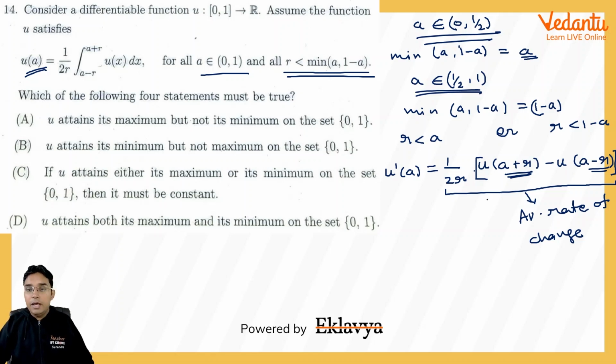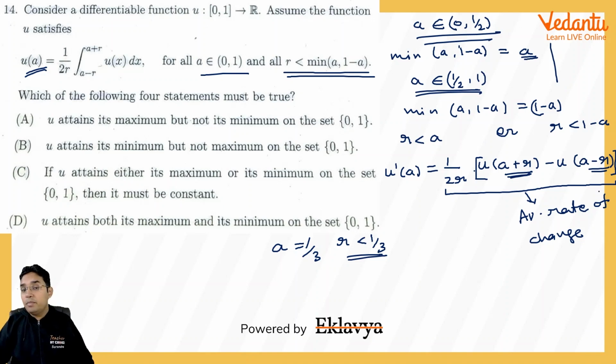For example, if I say a equal to, let us say, 1 by 3, in that case my r can take values from 0 to 1 by 3. So for every r value from 0 to 1 by 3, the average rate of change has to be equal to u dash a.